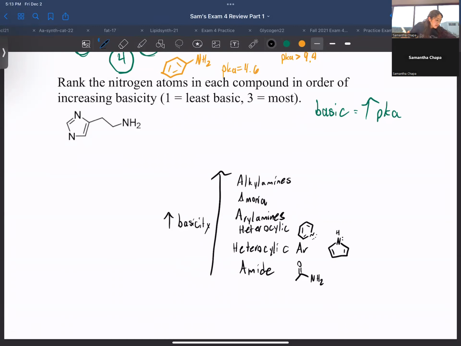Aryl amines. I know I have it written out somewhere, so I'll show you now. Let's see. Can't remember for the life of me. Oh yeah. Okay, that's like aniline. So this is an aryl amine. So it's not being included in your aromatic compound.